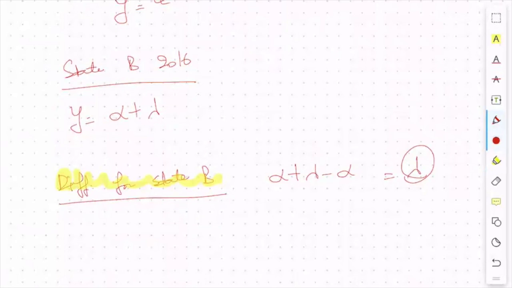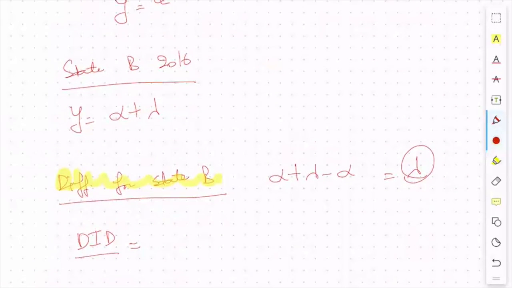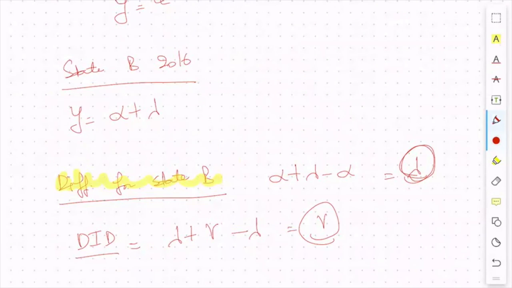So our difference in difference, or DID, will be equal to this term, lambda plus gamma, minus this term, which is just lambda. So we'll have this gamma.